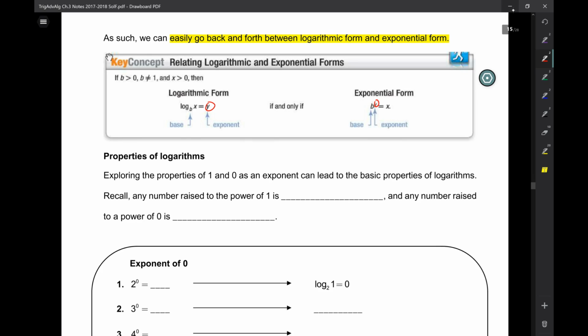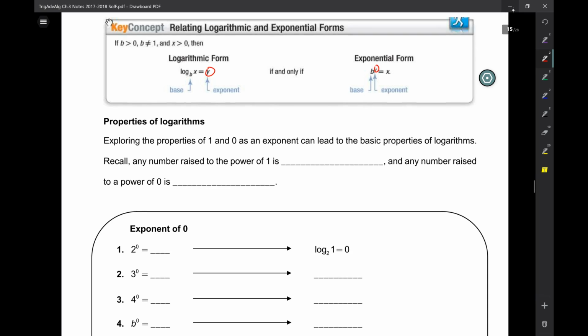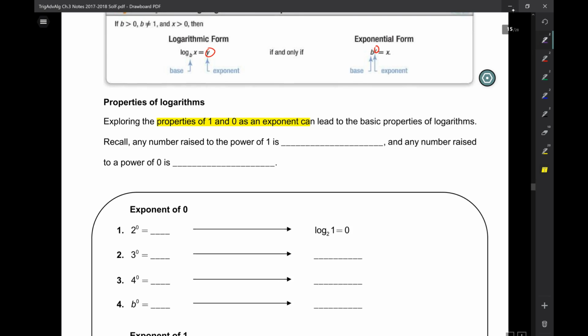All right, so since we're dealing with exponents and powers and all that good stuff, you know that when it comes to zeros and ones, special things happen, right? Because if the exponent is a 0 or if the exponent is a 1, it's different. So let's take a look at the properties of 1 and 0 as an exponent. Okay, so let's look at this one.